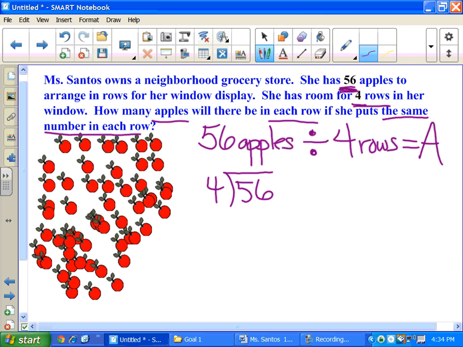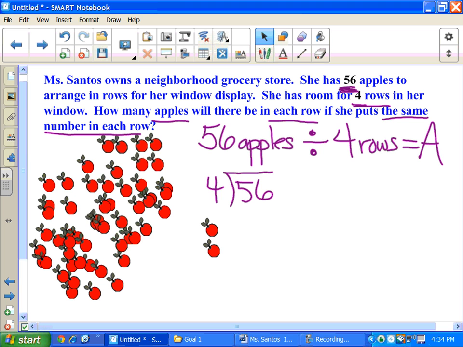Now at this point, I do not want you to do any traditional algorithm for solving this problem. However, I'd like to take the apples, because this is a great picture, and let's start putting them into rows. Well, if I take, I'll start 1 row.